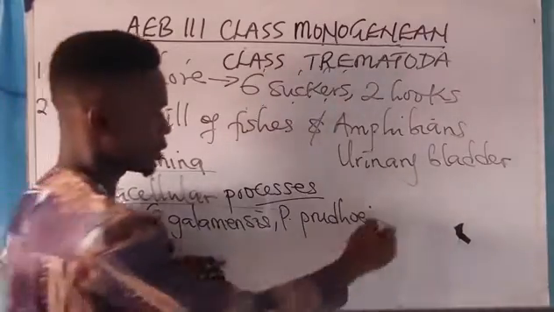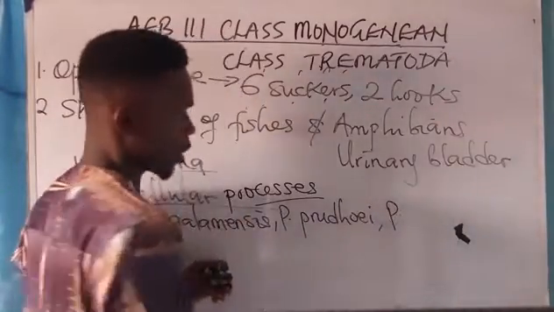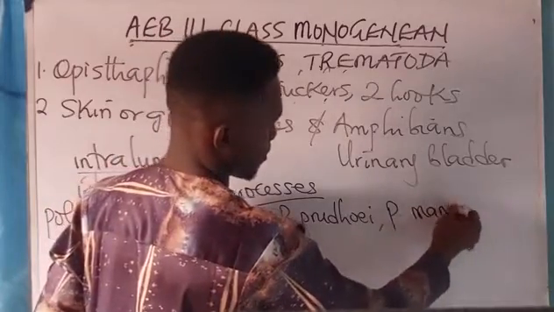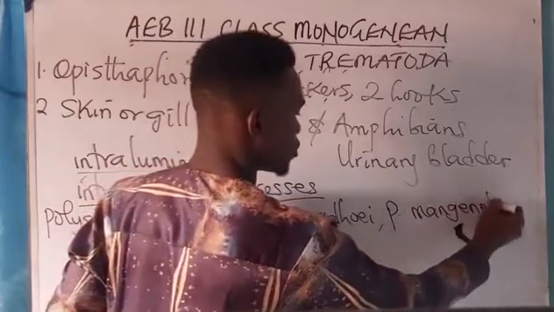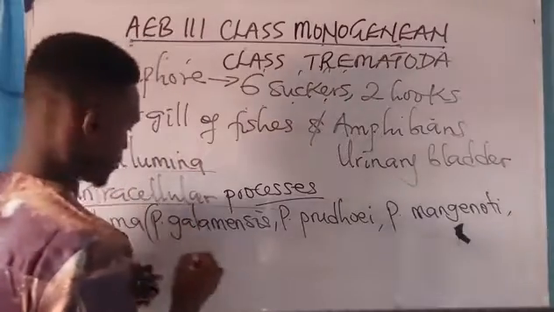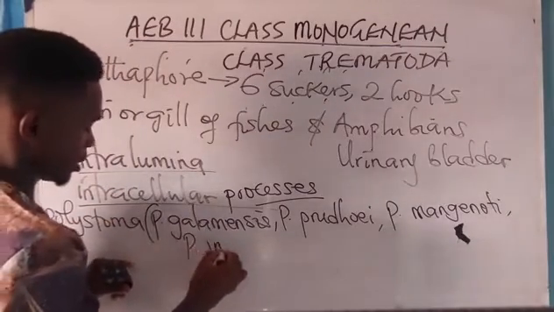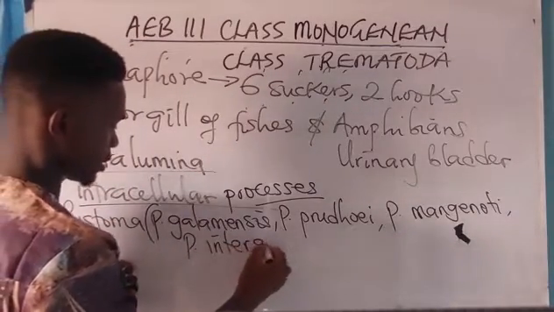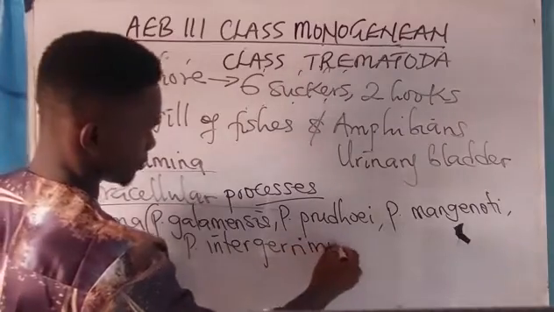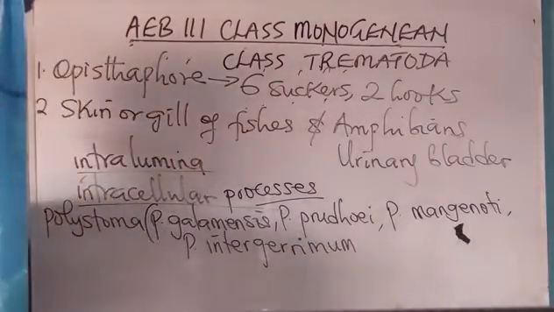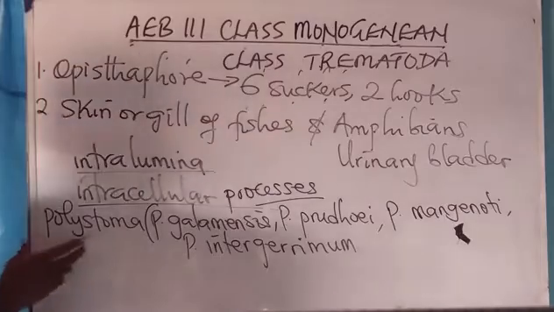Pronounce it yourself. Then you have P. mangenoti. All right, you now have P. integerrimum. So these are the different species of Polystoma.